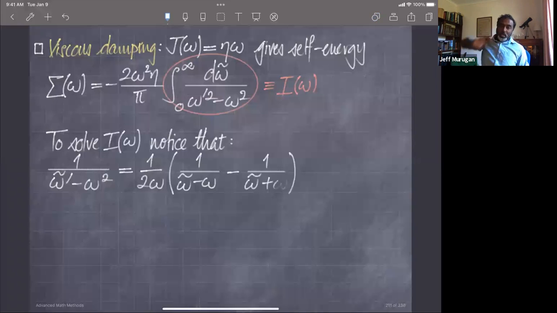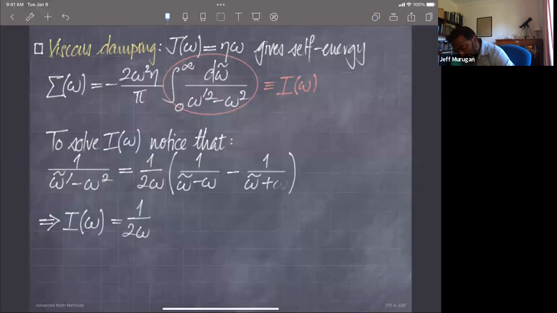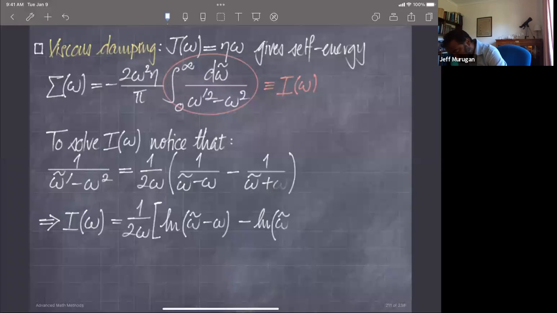Which means that I can immediately write that the integral that we want to solve, I of omega, is just 1 over 2 omega times the logarithm of omega tilde minus omega minus the logarithm of omega tilde plus omega.